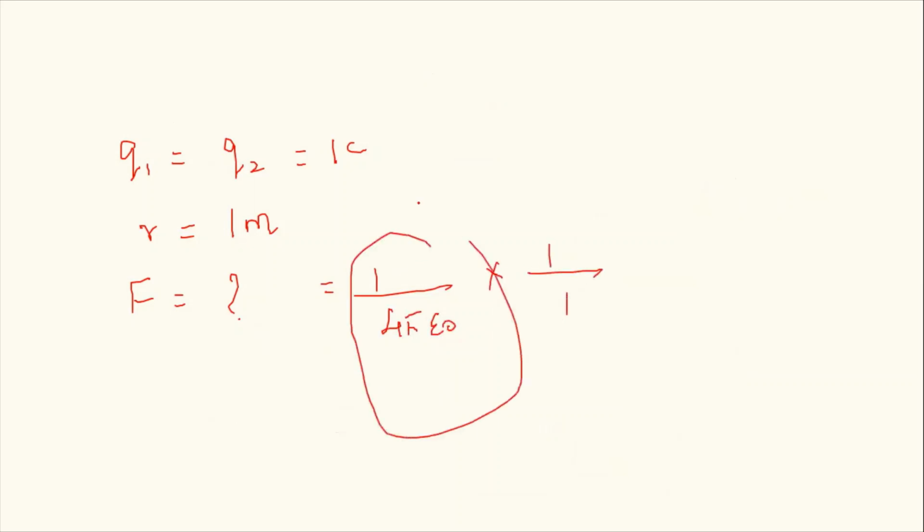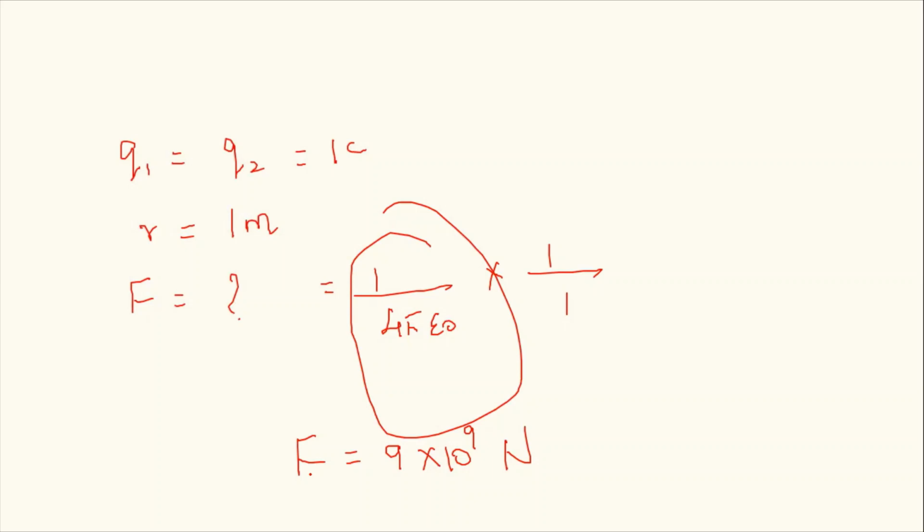This will be something like 8.9 something, which is rounded off to 9 into 10 to the power 9 Newton. So the force between two charges of 1 coulomb each, placed at a distance of 1 meter, is a repulsive force of 9 into 10 to the power 9 Newton. Force is always measured in Newton, so the SI unit of force should be written in Newton. I hope this is clear.